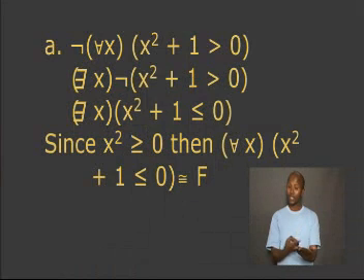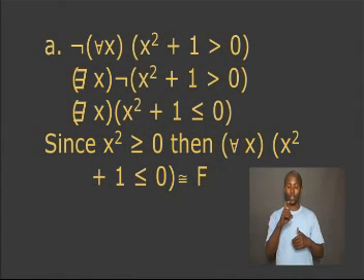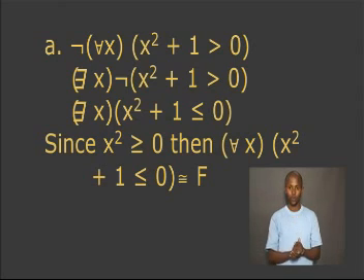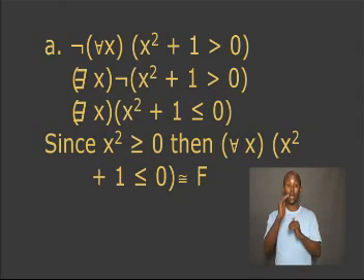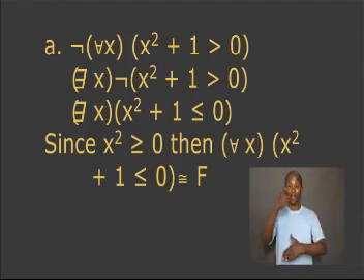This is the negation of statement A. There exists an x for which x squared plus 1 is less than or equal to 0. The truth value of this statement is F. Even 0 squared plus 1 is greater than 0, and any other x would yield a higher value than 0.